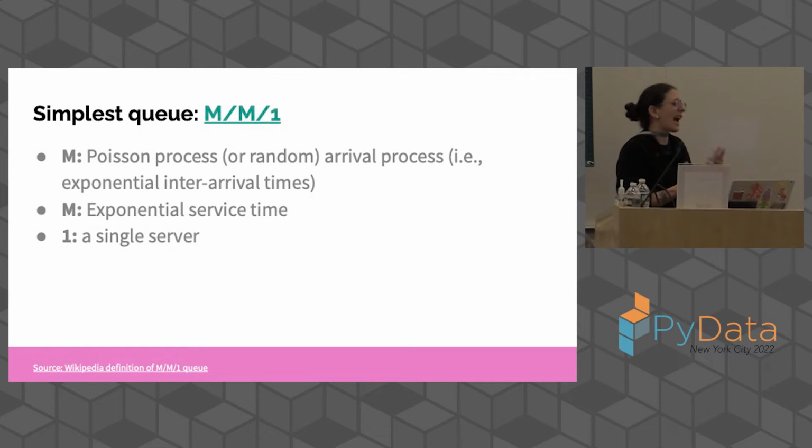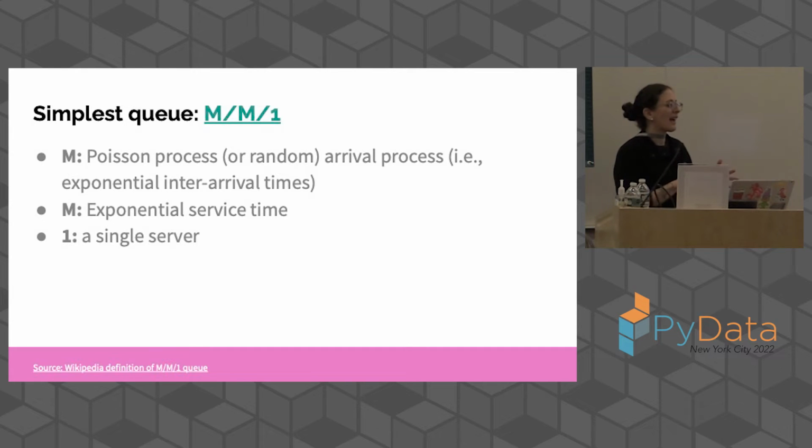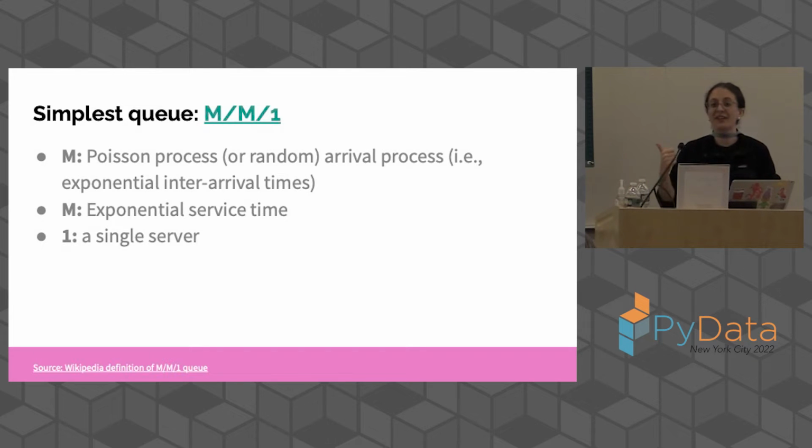The exponential works quite well for a lot of applications, but of course I'm being very general here, and you may have a specific application where you need to use a different distribution. But in the MM1, the two M's are both draws from an exponential distribution. And the 1 here just means that I have a single server.